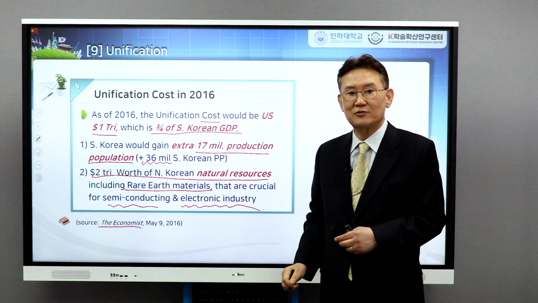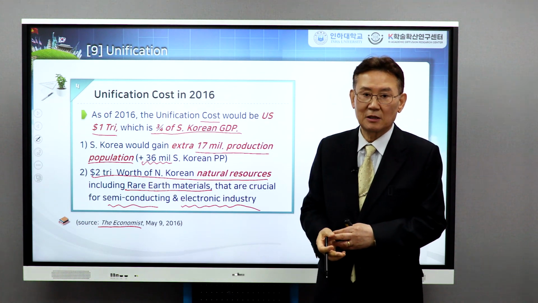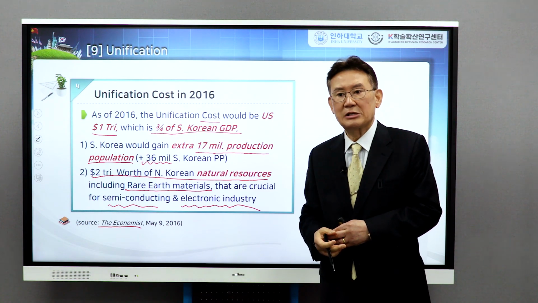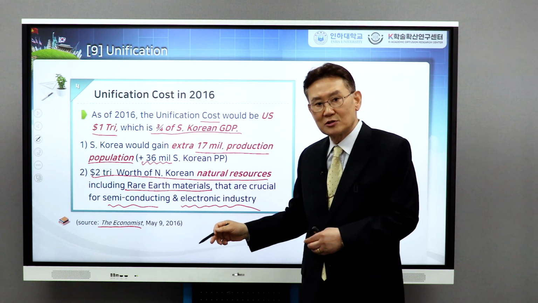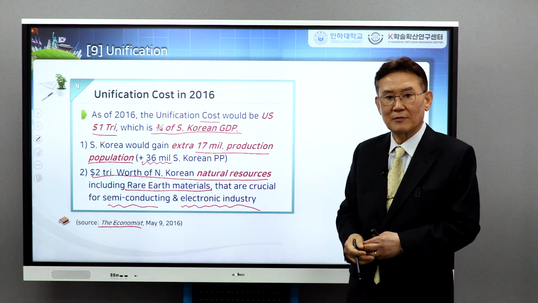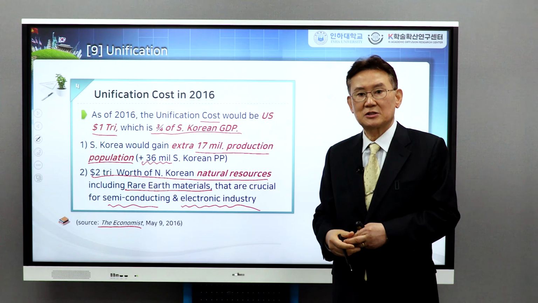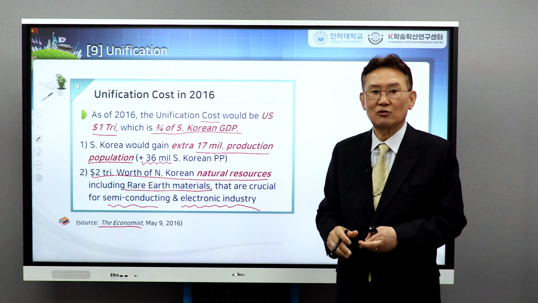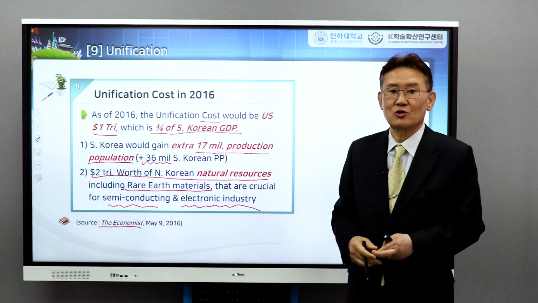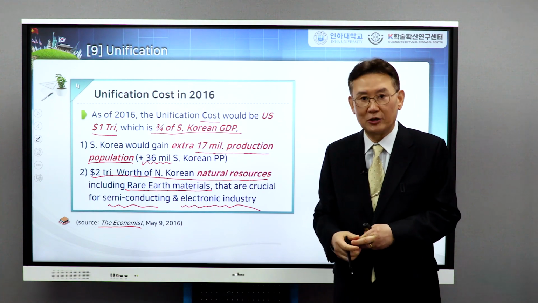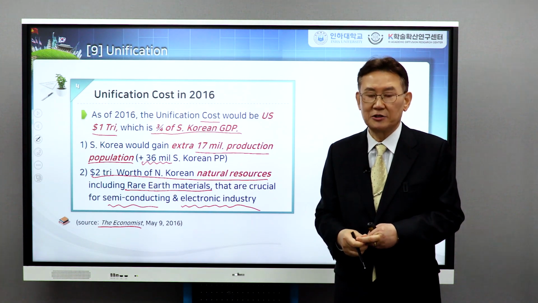Currently, about 90% of the world's consumption of rare earth materials comes from China, and Korean consumption of rare earth materials is mostly from China. So with unification with North Korea, the South Korean economy will have $2 trillion worth of natural resources. It is also known that there are some reserves of uranium in North Korea, and South Korea might utilize it too.